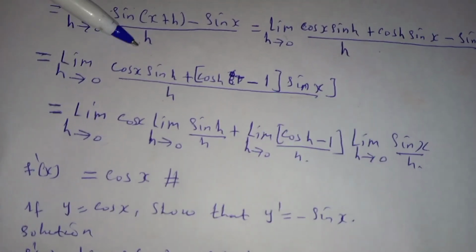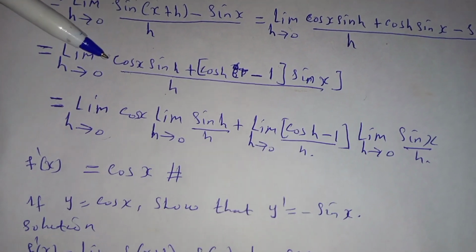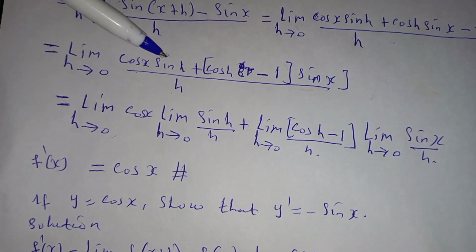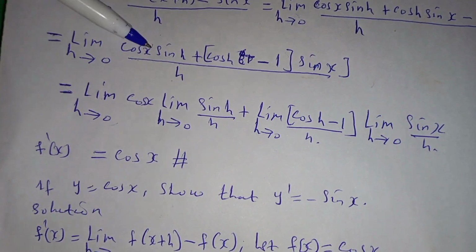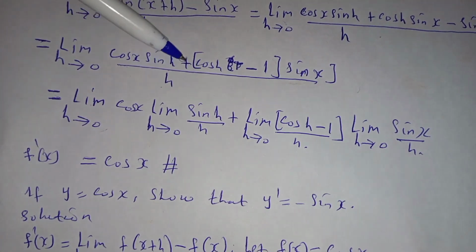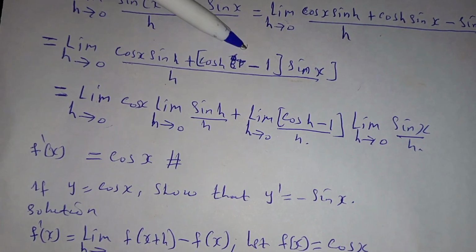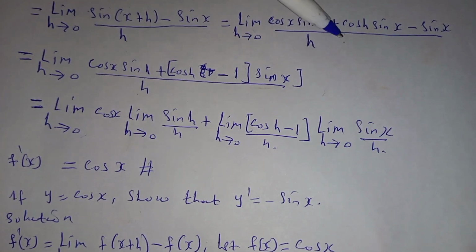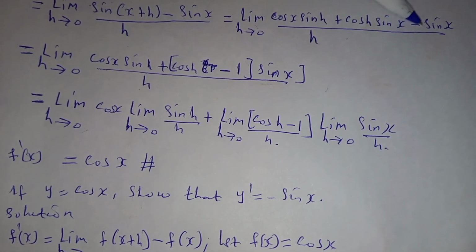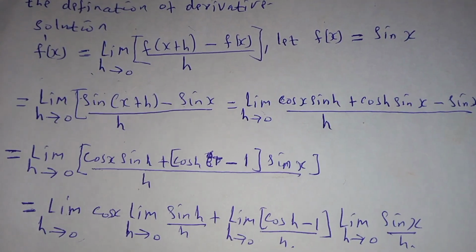Now, from there, we are going to get cos x sin h, plus cos h minus 1 into bracket sin x, factoring sin x here. That is what we are going to get.